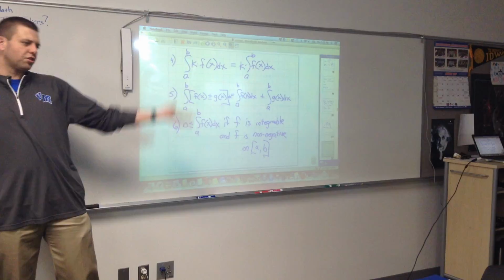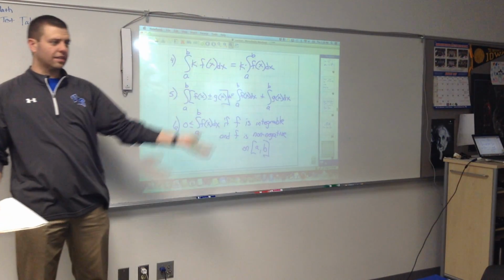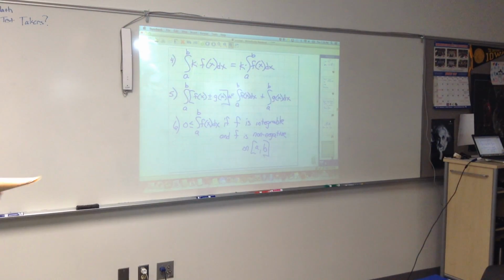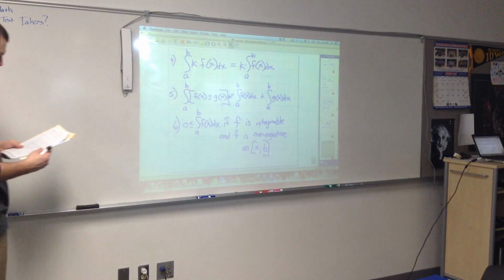So as long as the function is above the x-axis, you'll always get a positive value.